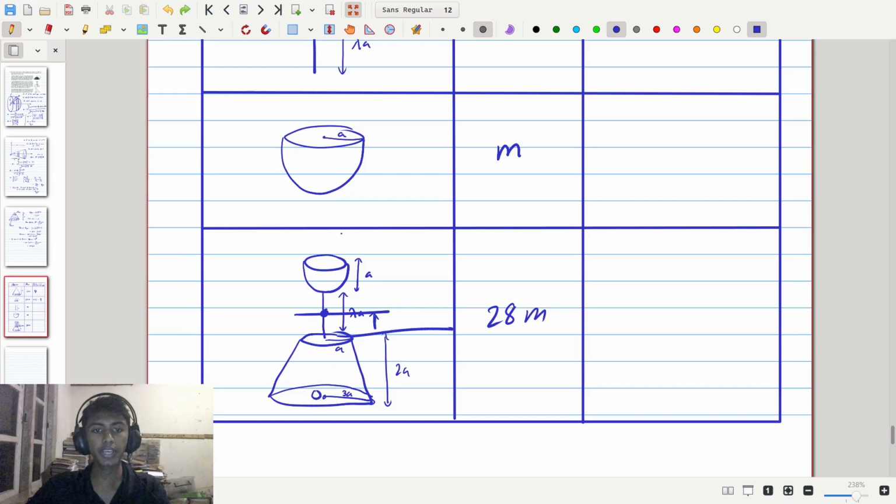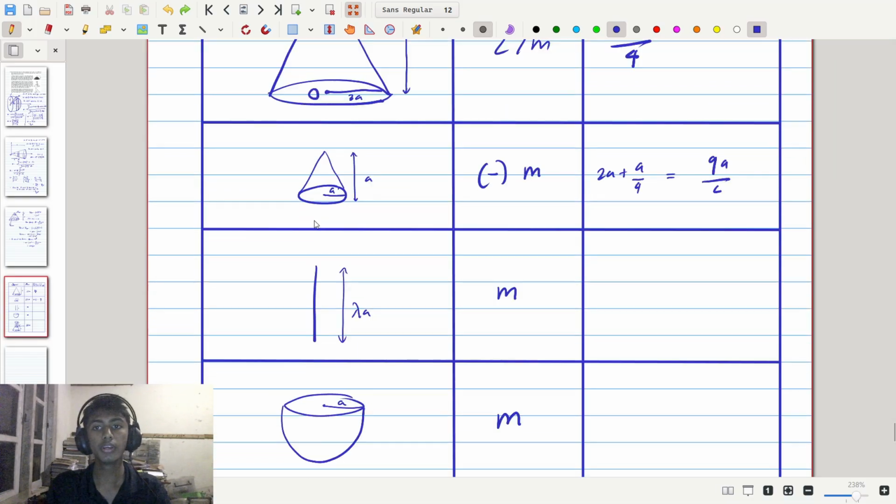Writing that down, the total height of the rod's center of mass is equal to 2a plus lambda a divided by 2, which, taking a common denominator, is equal to (4 plus lambda) over 2 times a.